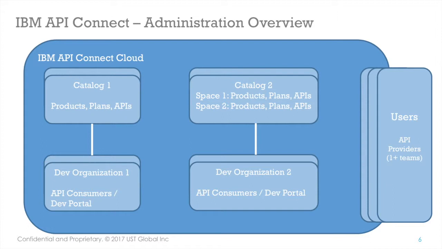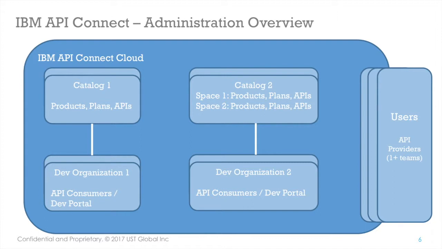We have a second option, that is create catalogs with spaces. So then those two different spaces will hold different products, plans and APIs, and there's no visibility between them. So just in case you need that feature, you can use it. And this is always on the right side.